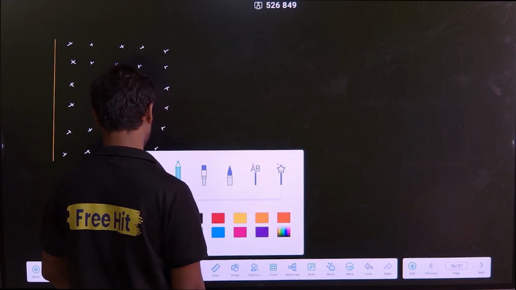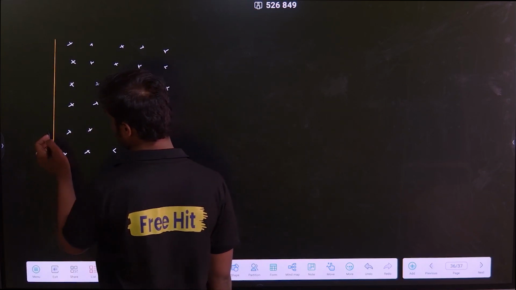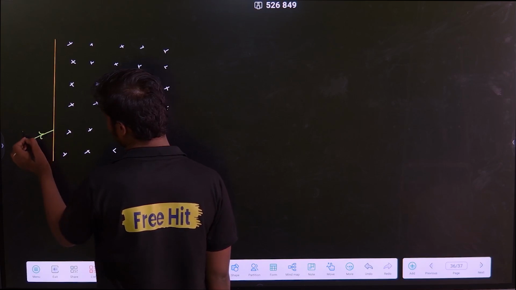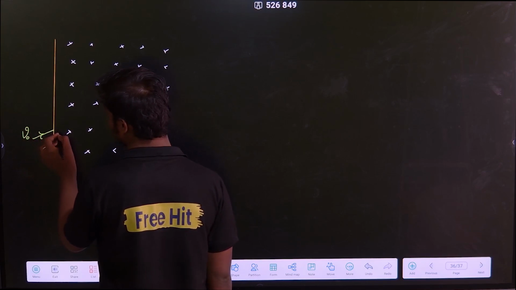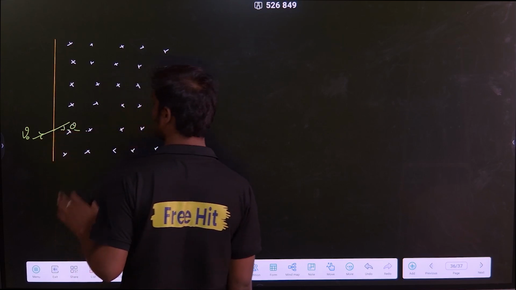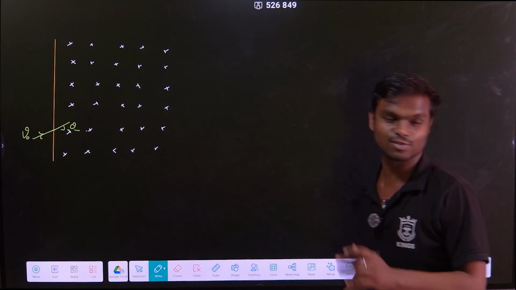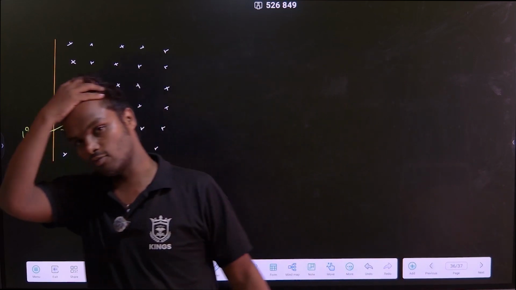Let me ask you a question. Suppose the particle enters with a velocity v naught, like this, at an angle theta. First, tell me what is the angle between the force and the velocity. Some people will say theta, but theta is not the angle between the force and the velocity.